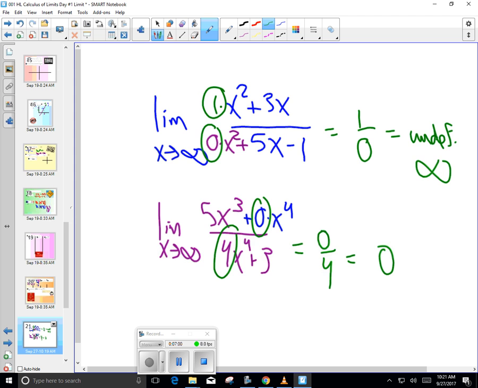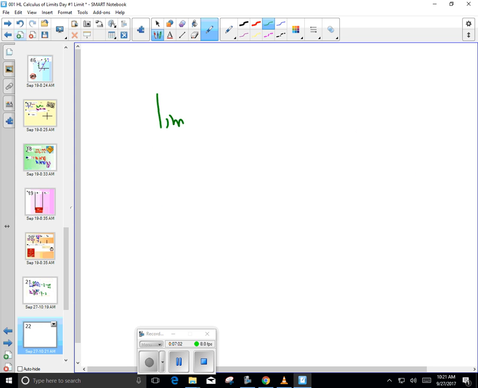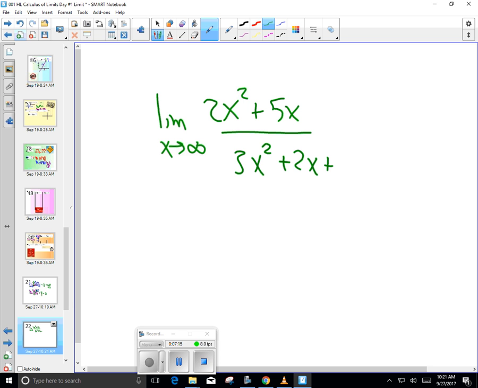Now another quick way of showing these limits to infinity, and I want to show you this because this is how I do it in a pinch. Let's say you have this one. What's the greatest exponent of x? X squared. So if you divide everything by x squared, is that a legal algebra move?